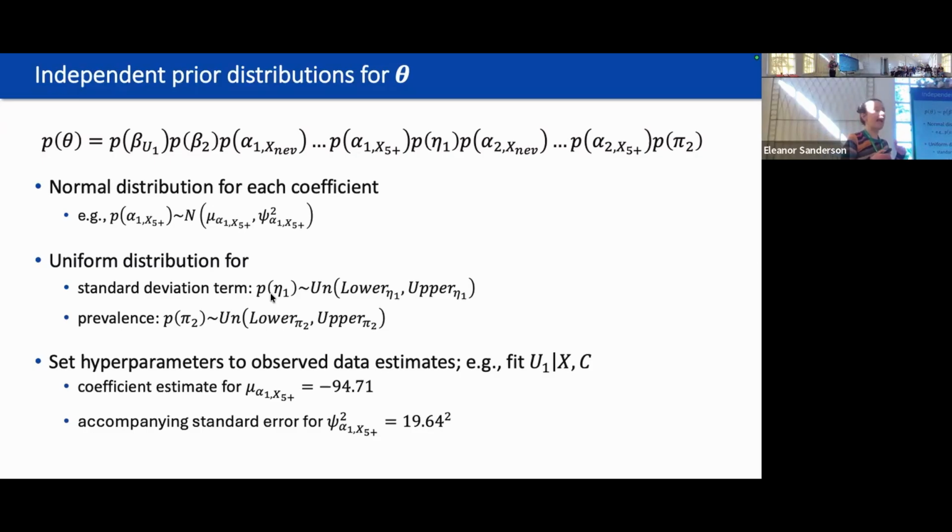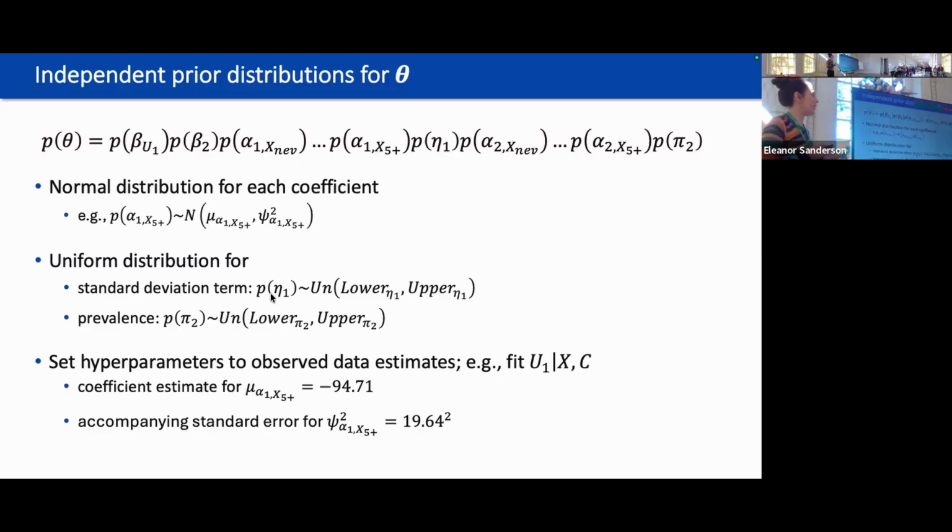The user needs to enter some information for the hyperparameters, and this is where your external information would come in. For example, for a coefficient, if you saw a study that had published an estimate for that coefficient, then you could set the mean as the published point estimate, and the variance term could be the square of the standard error.